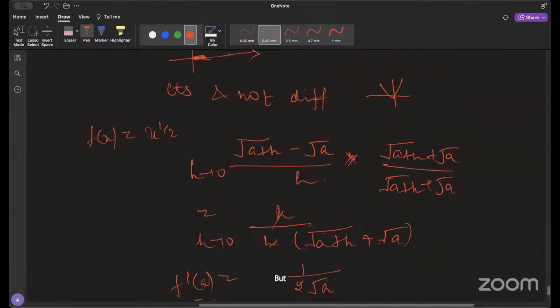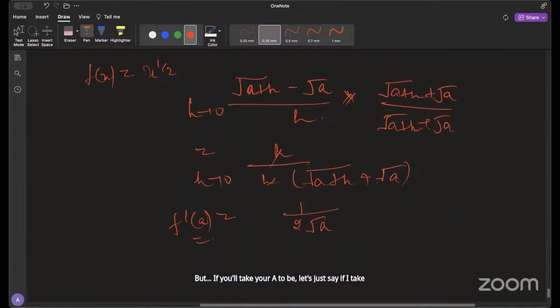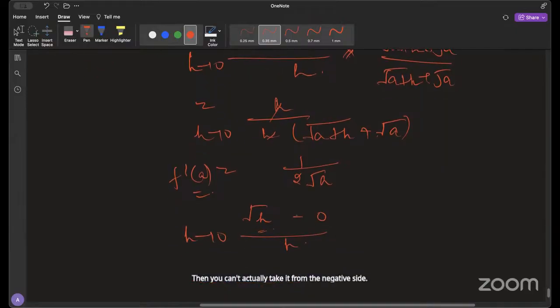But if you take a to be 0 here, then you'll have square root of h minus 0 by h, and you can't actually take it from the negative side.